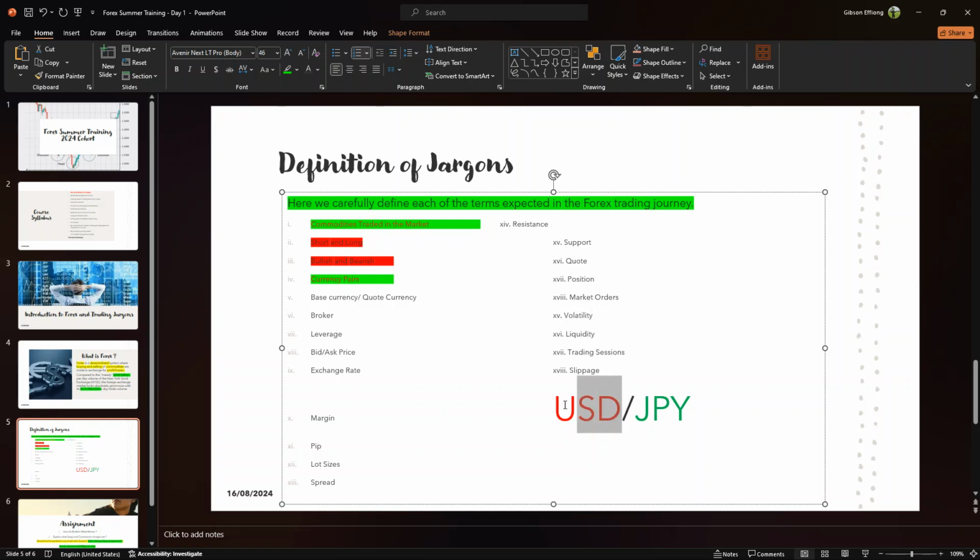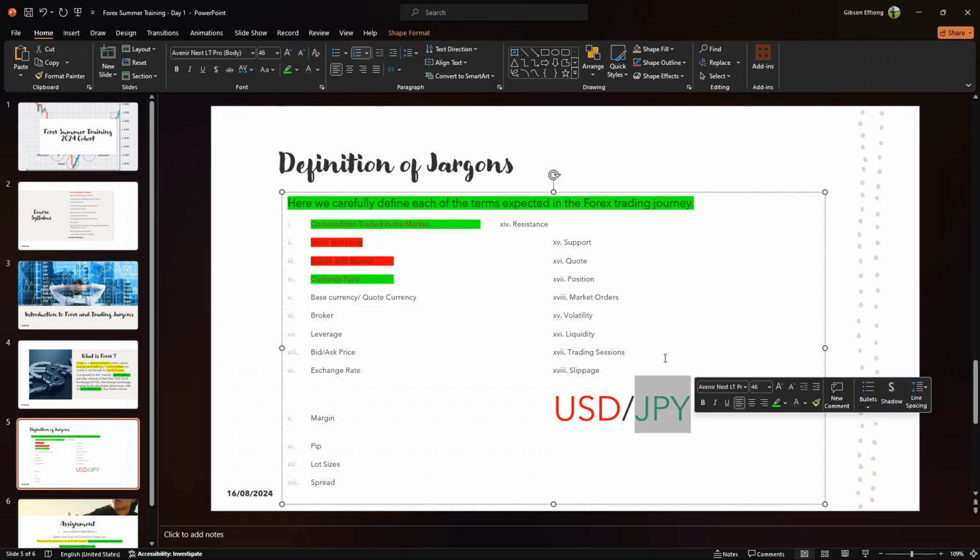This is my base currency. This is my quote currency. Now, if I make a decision in this market, maybe I decide to sell, it therefore means that I am bringing United States dollar to pay in order to collect Japanese yen. That is what it means.